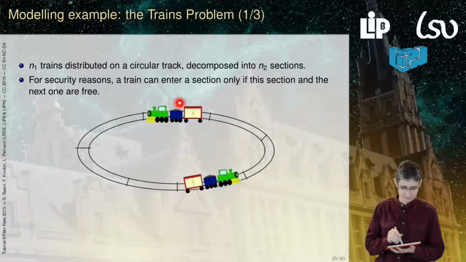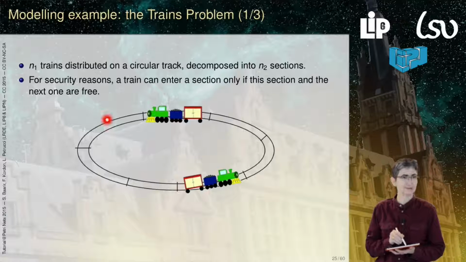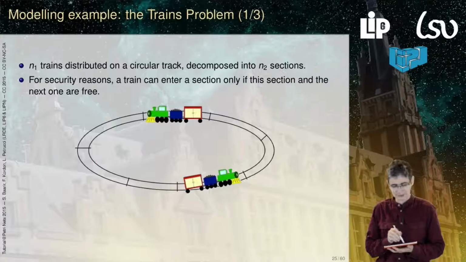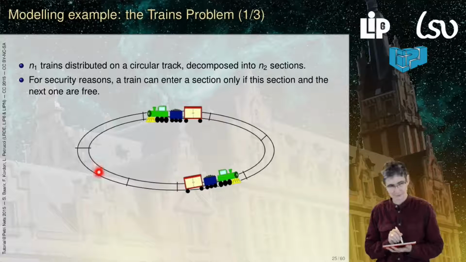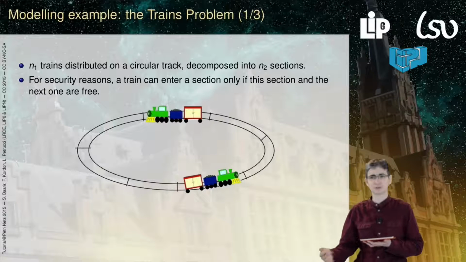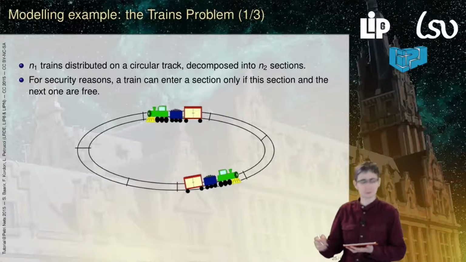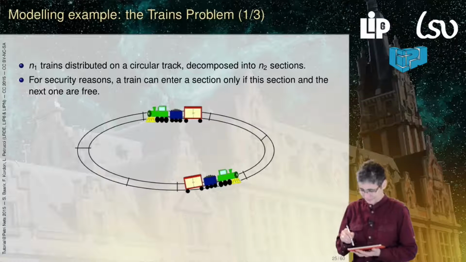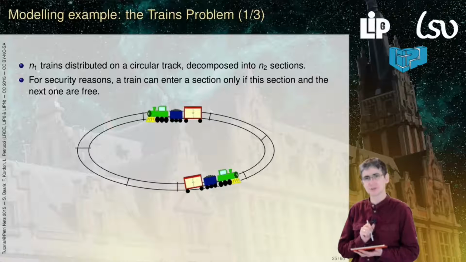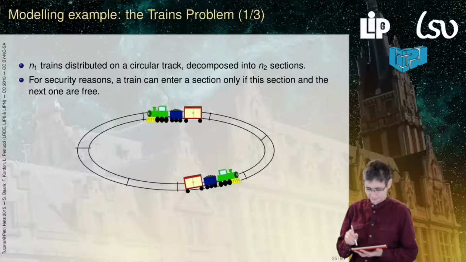So this train, for example, can go there only if there's no train there, otherwise they collide. And also if there's no train on the following section, so that's here for this train, so as to ensure a distance between trains and they have time to brake or things like that. Okay, so we have to check that the next section where you want to go is free and the section afterwards is free as well.